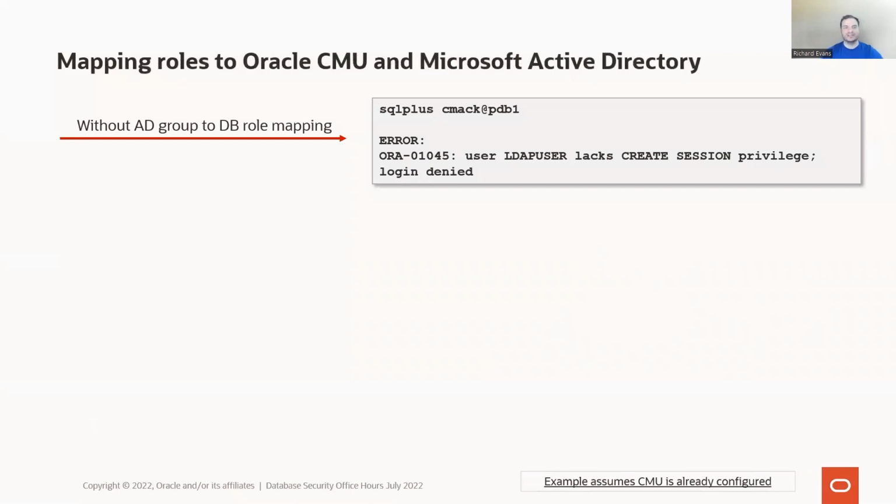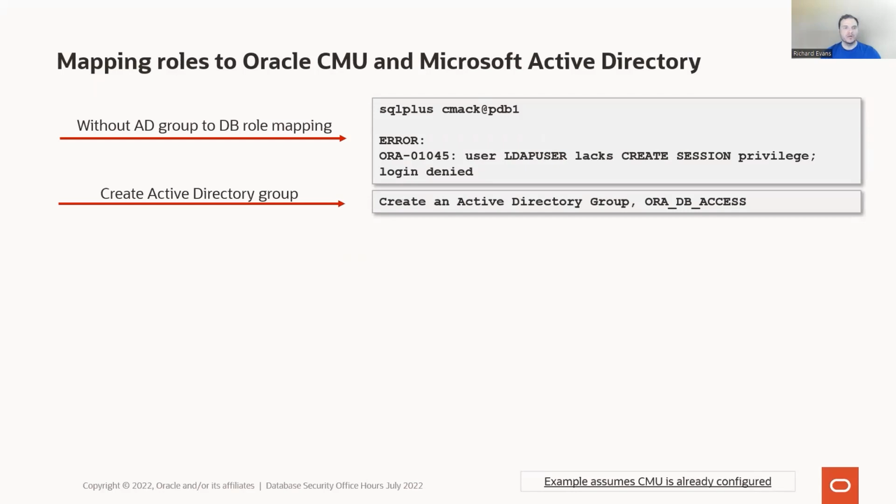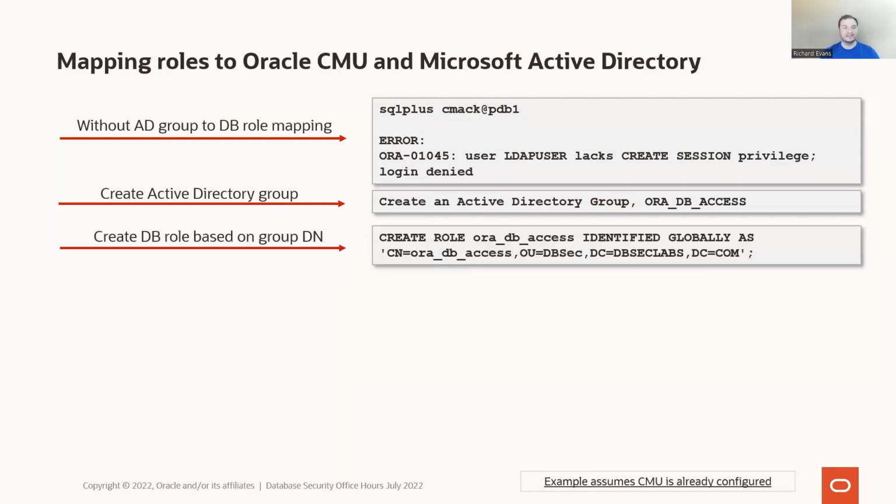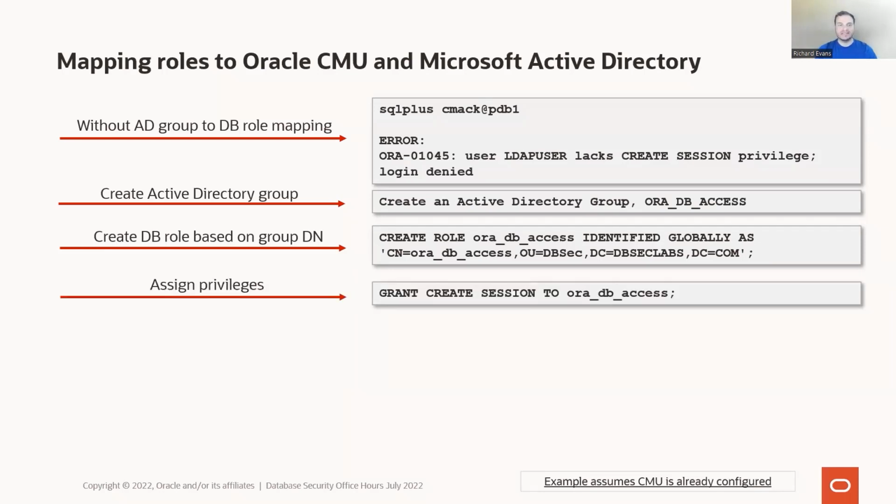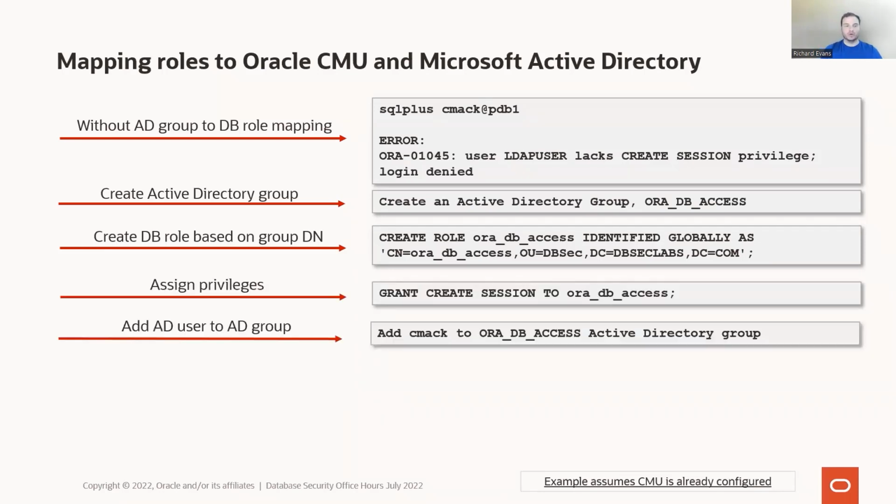Initially, CMAC logs in, attempts to, he lacks that create session privilege. We create an Active Directory group, Acme DB Access, or HR DB Access. We grant DBA role based on the distinguished name. So this is our create role within the Oracle database, identified globally. We grant create session to that newly created role.